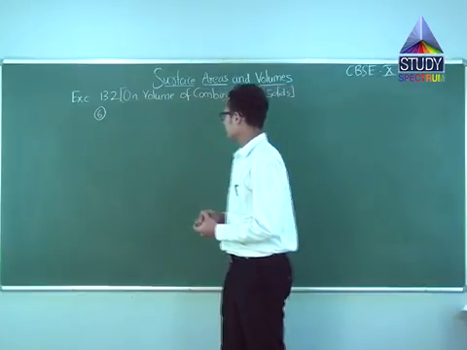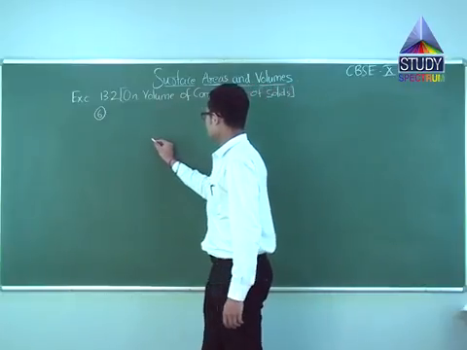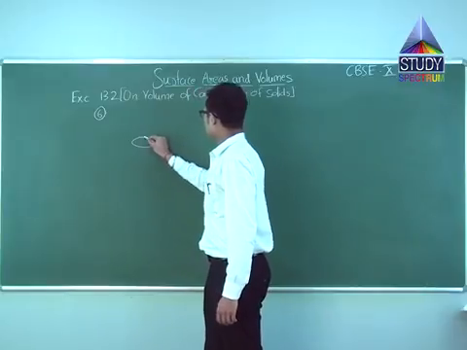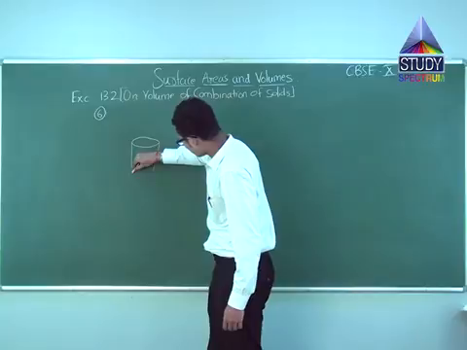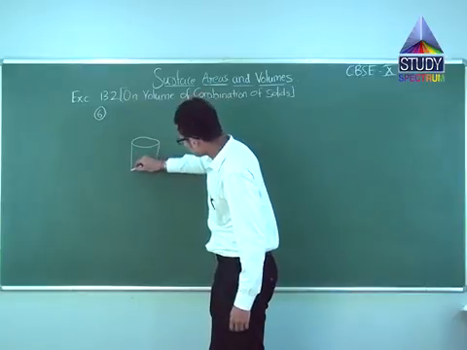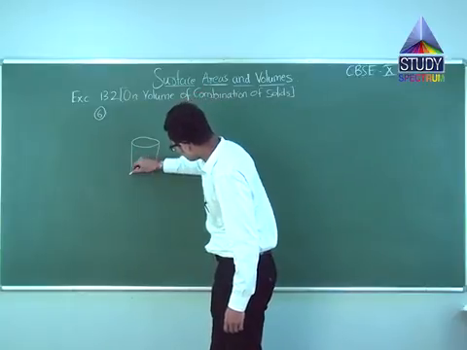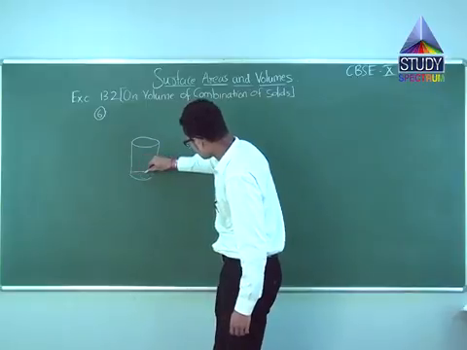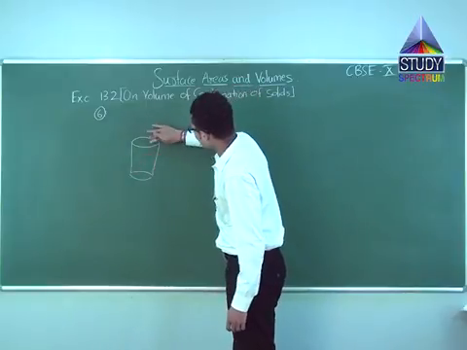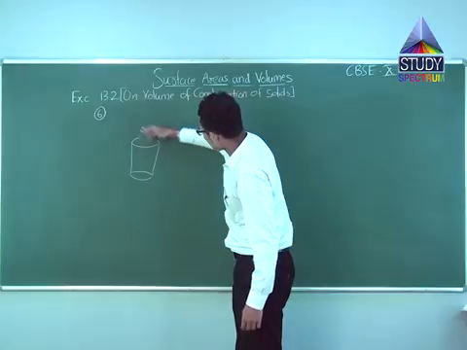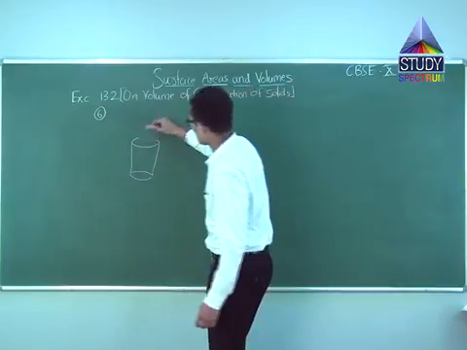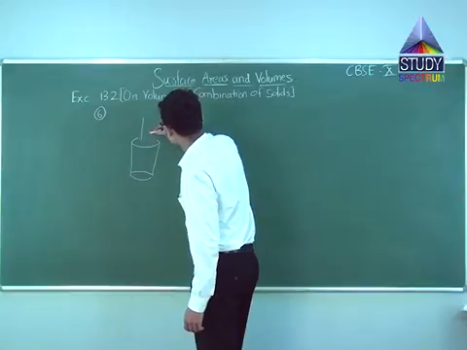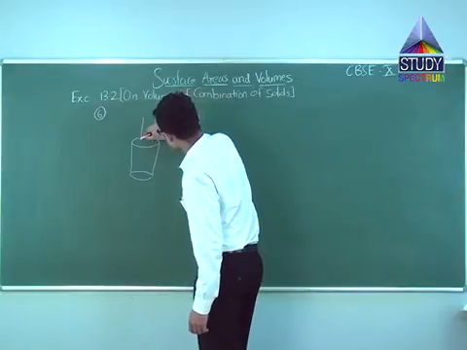But here in the question, what we have here is a solid iron pole, and there is another solid iron pole which is placed on top of this iron pole like this.